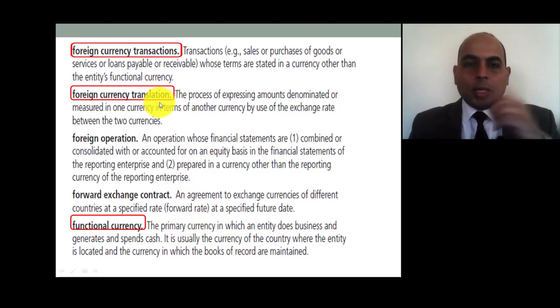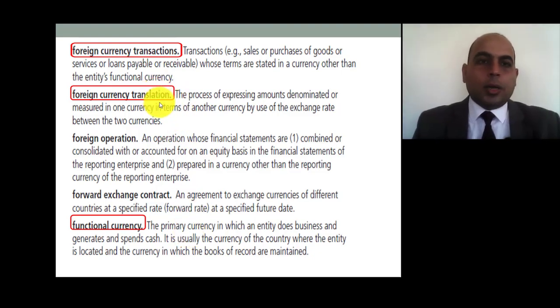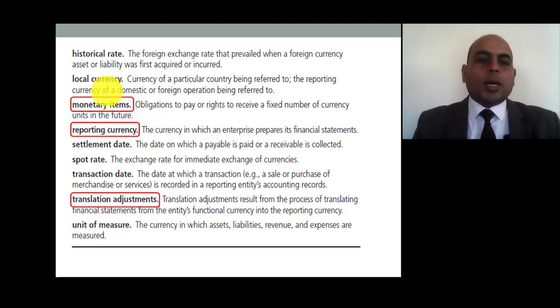Foreign currency translation we have discussed a minute ago. Reporting currency is the currency in which an enterprise prepares its financial statement, the currency that we use to prepare our financial statement. Translation adjustment is a very important point.